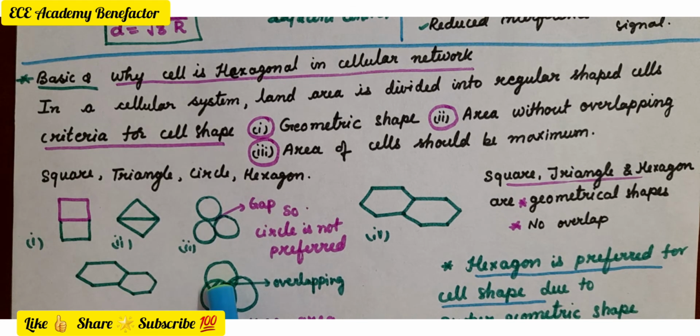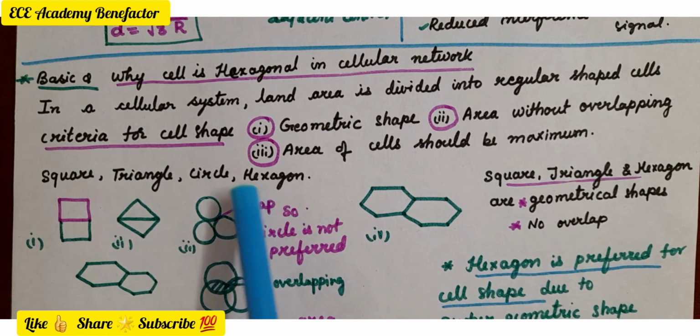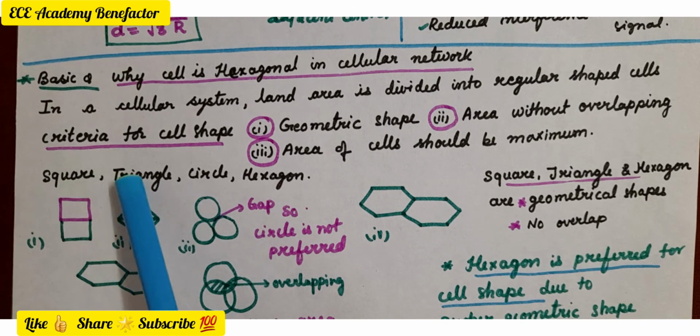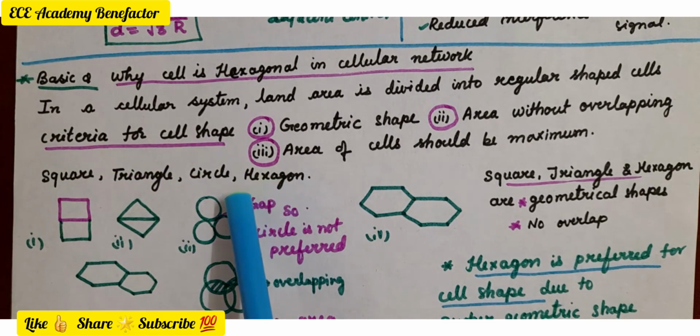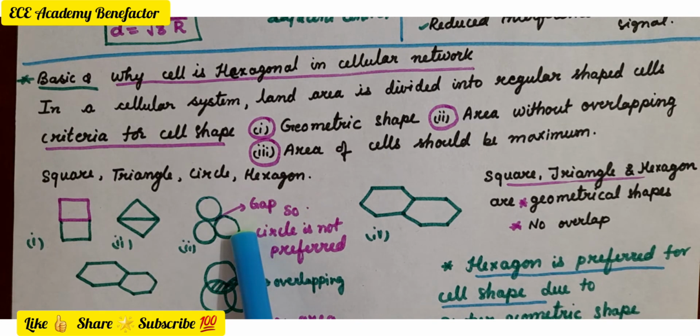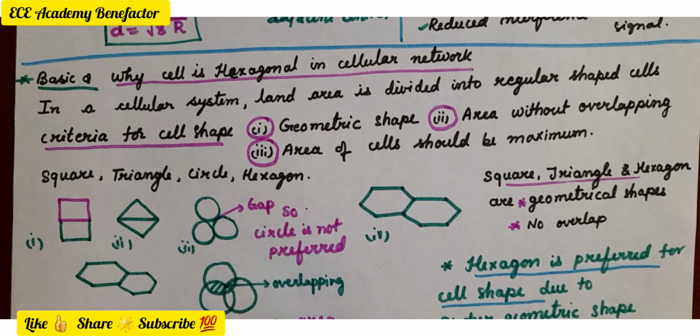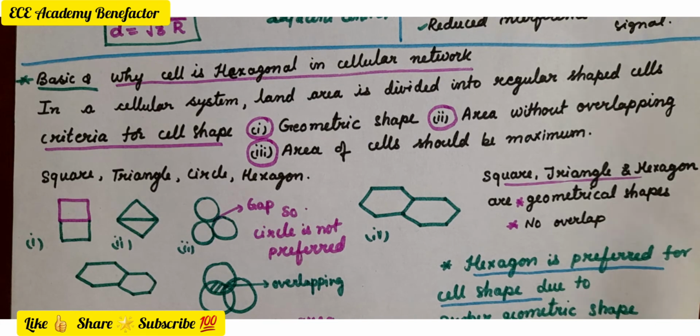So, it results in interference and hence disturbance. So, out of these 4 geometric shapes, square, triangle, circle and hexagon, circles are not preferred, because they lead to gaps, which results in less coverage area, and overlapping results in interference.